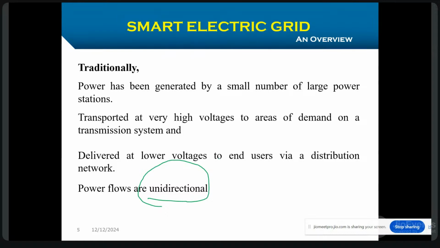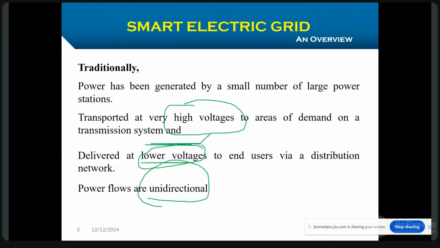It is something like this. As we said, we step up the voltage at the generating station, and we step down the voltage at the distribution station or at the loads. So always the power flows from the high voltage end to the low voltage end. We do not have any power flows from the low voltage end to the high voltage end. That is what is happening in our traditional grids, right?